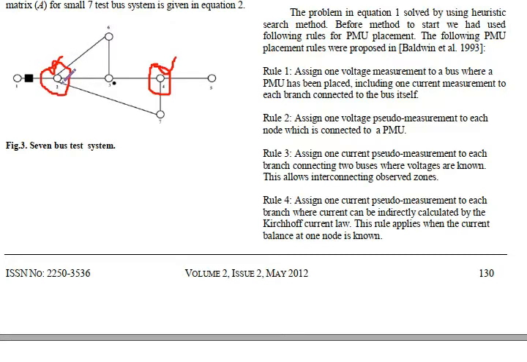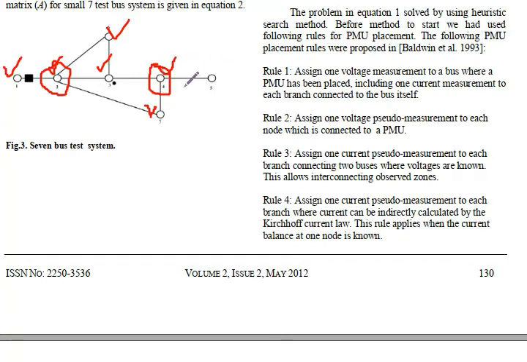As already defined in our previous lecture, the bus where the PMU is placed will be observable, and the nearby buses connected to that specific bus as well. So in this case, this bus, this bus, this bus, and this bus will be made observable. We have placed the second PMU at this bus.